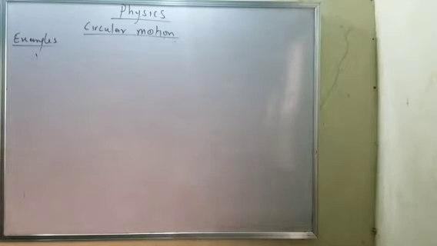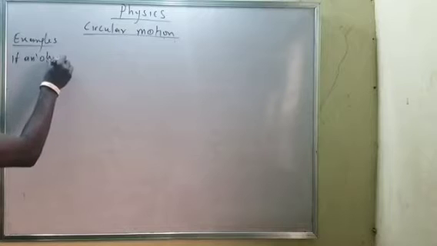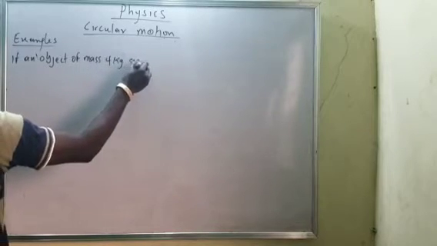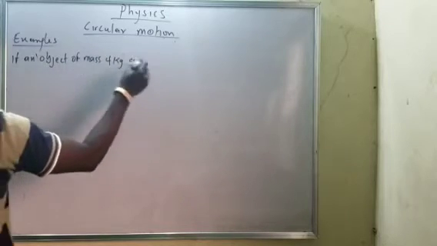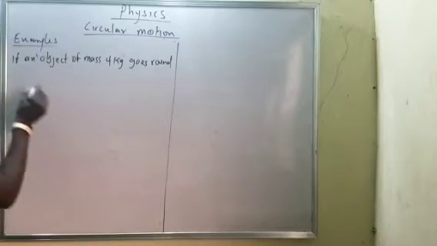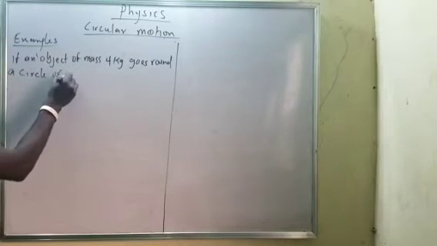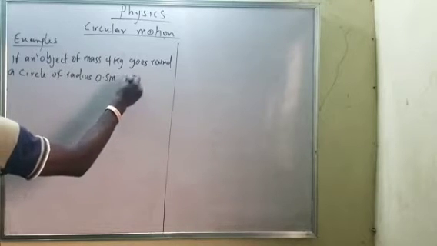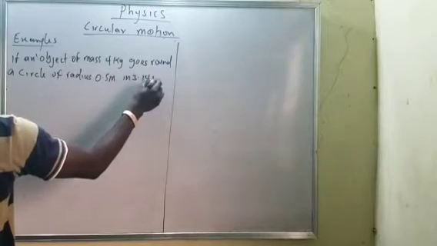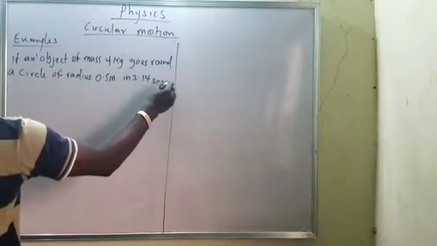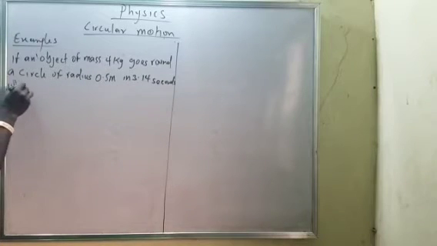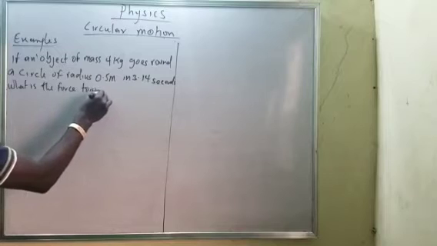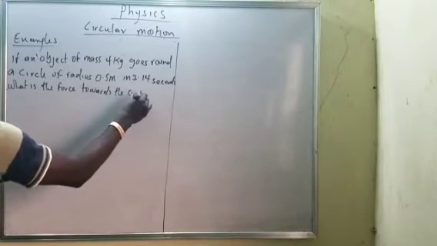Now, I have another question this way. If an object of mass 4 kg goes round a circle of radius 0.5 meter in 3.142 seconds, what is the force towards the center?